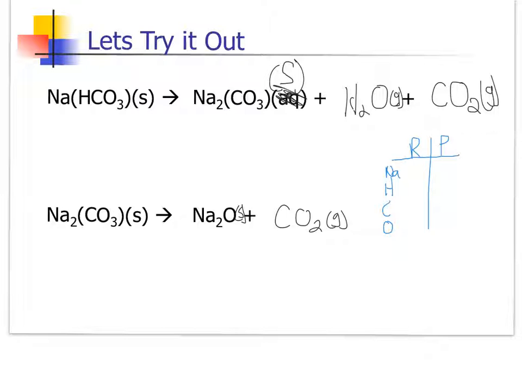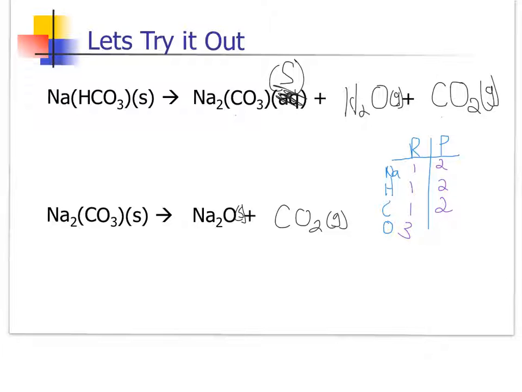And so I have one sodium on the reactant side, 2, and then I have hydrogen, and then I have 2 hydrogen on the product side. Carbon is 1, and then I have 2, and it's important that I see 1, 2 for that. And oxygen I have 3, and the oxygen on the product side I have 6.